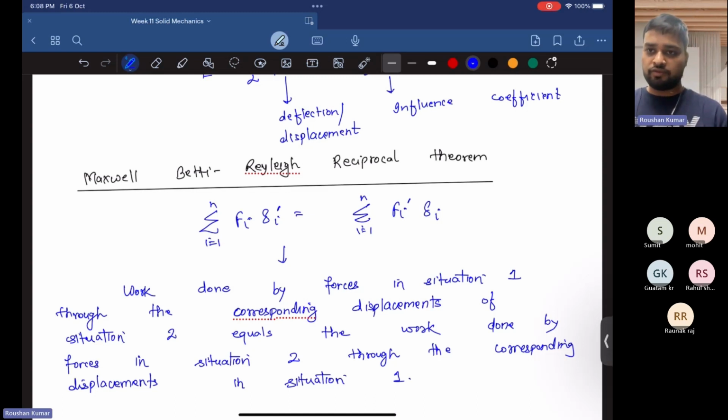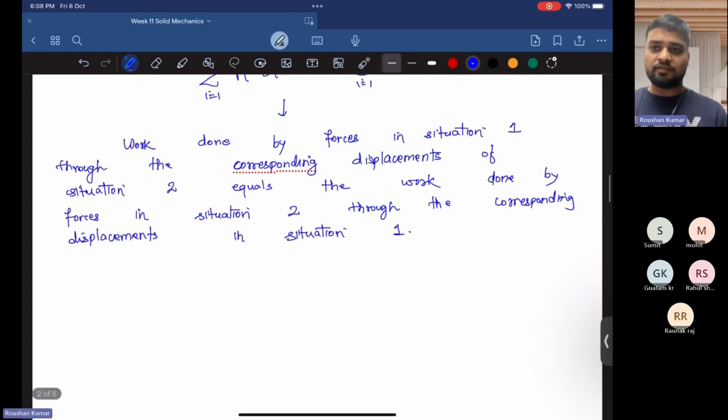I will be using this concept while solving the numerical problems. The next thing that is already discussed in the lecture is the Castigliano theorem. Basically we have two theorems given by Castigliano, that is Castigliano's first theorem and Castigliano's second theorem.